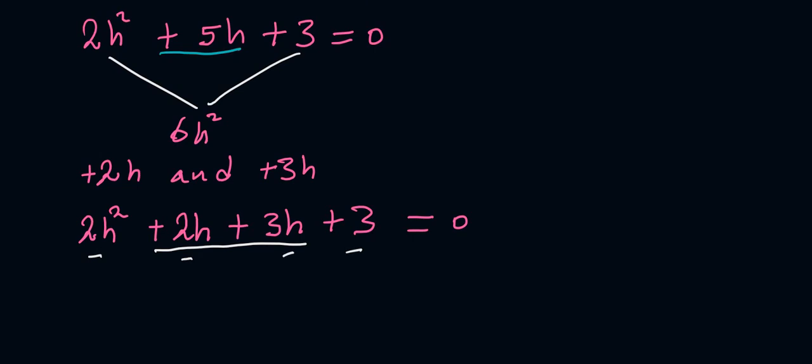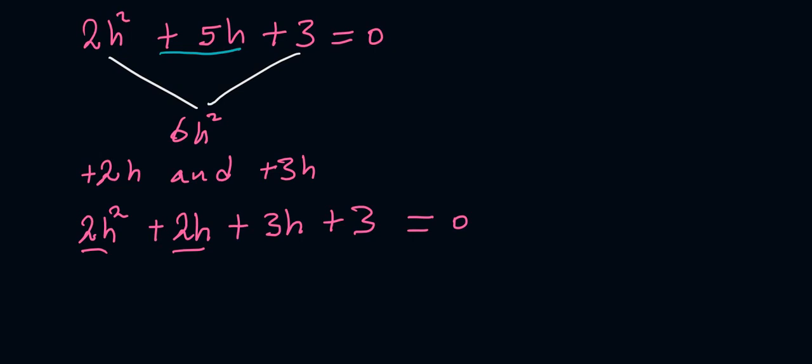So the next step is to factor this equation, and we are going to factor them in twos. So we're going to factor the first two, which are 2h squared and plus 2h. The GCF of these two terms is 2h.